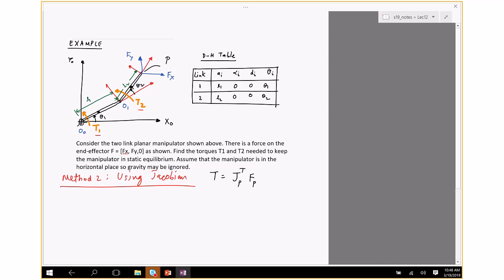So find the Jacobian of P. Fp is simply the forces Fx, Fy, 0. Those are the linear forces. But really, what you want to put here is all the 6 forces. There are 3 coming from linear forces and 3 from torques. There are no torques at P, so you can put 0, 0, 0.